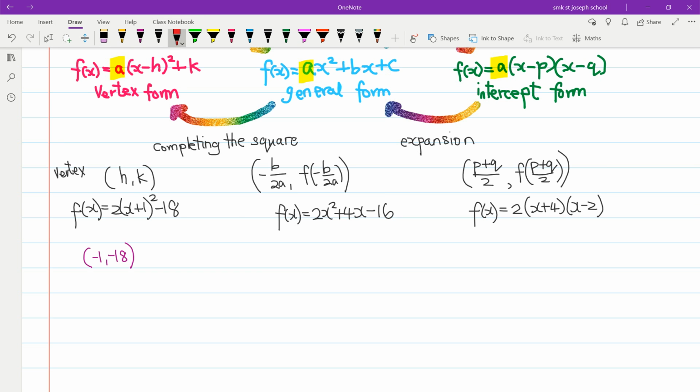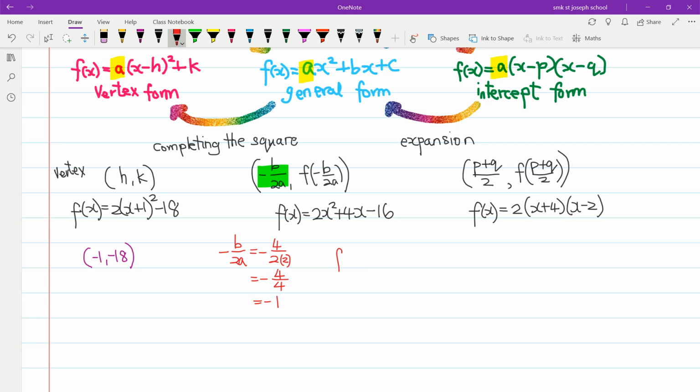In the case of general form, I think we need to use this formula. Negative b over 2a gives us negative 4 over 2 multiplied by 2, so that's negative 4 over 4, we get negative 1.